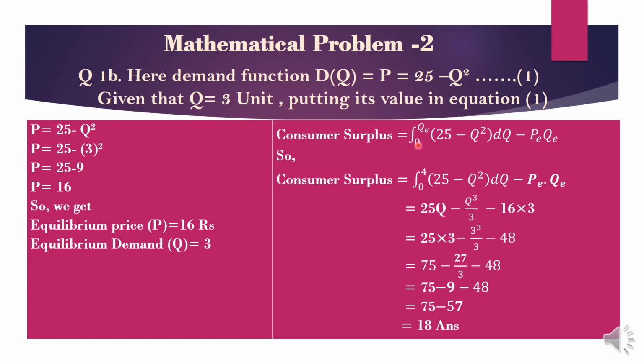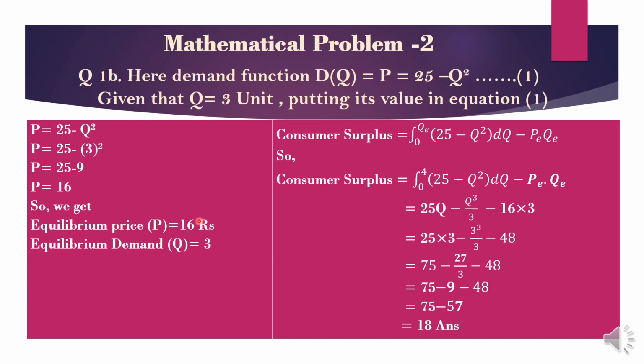This is the formula to calculate the consumer surplus, where the integration of the demand function shows the total utility, and PE QE shows the total amount spent on the goods. So if we put the value of the demand function in this integration formula, we get integration of 25 - Q² with respect to Q minus PE into QE.